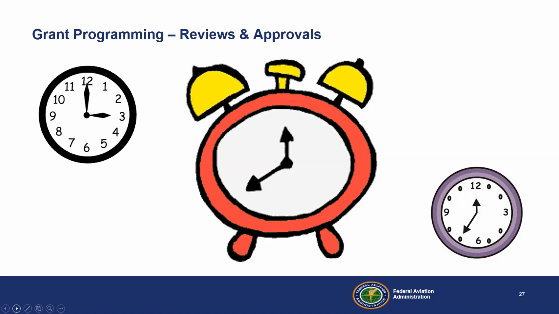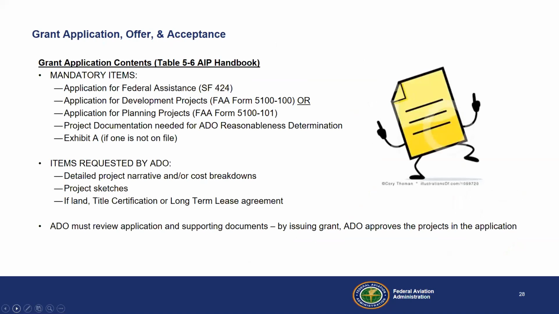So once all of that happens, then we get to write a grant. And that's really the great time. My favorite time of year is when we actually put all of that hard work and all of the planning and environmental and pre-grant stuff into action. We ask for the application for federal assistance.